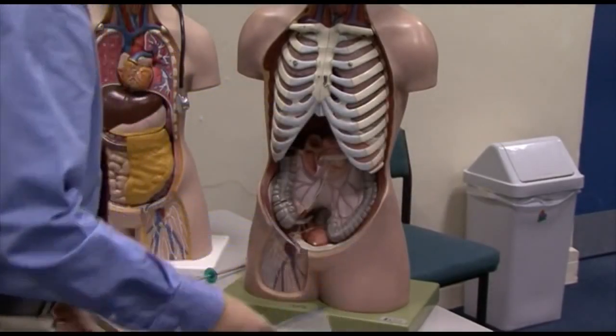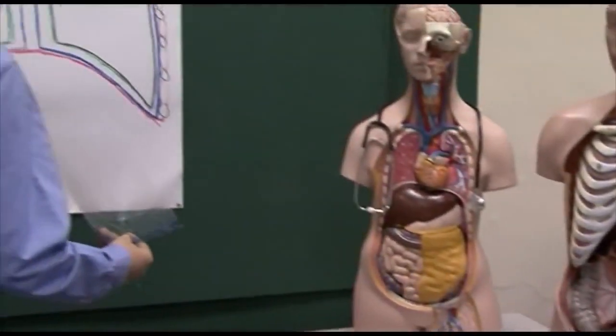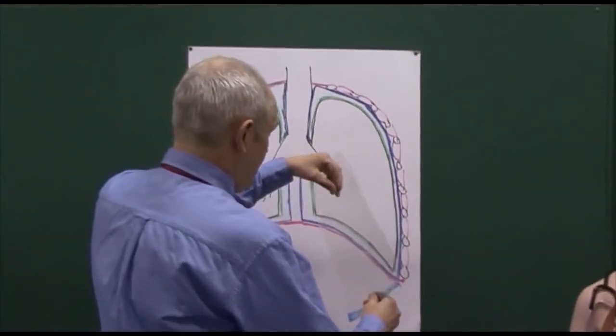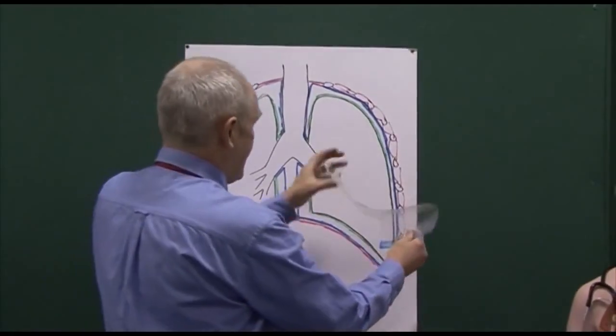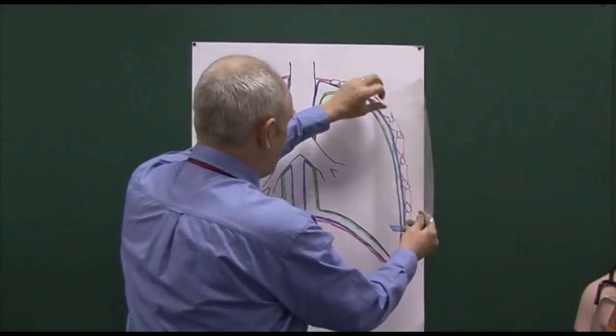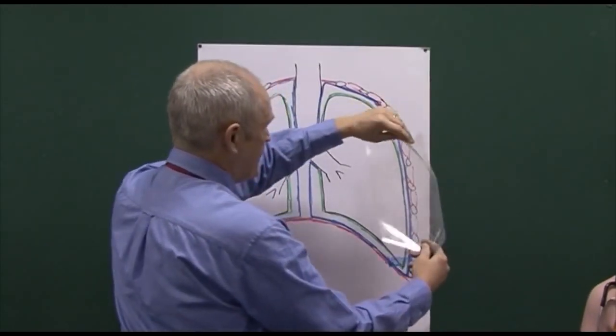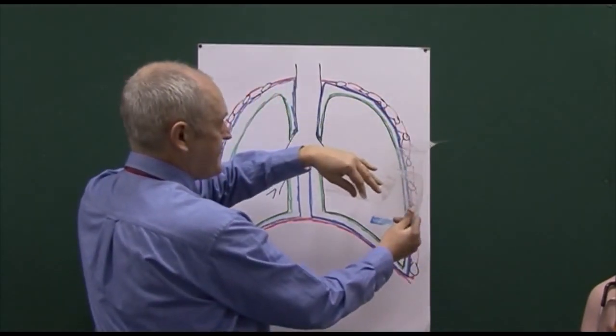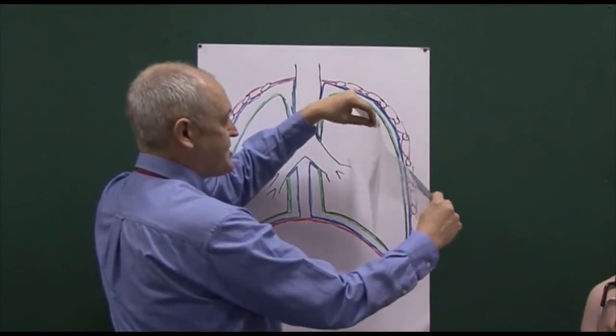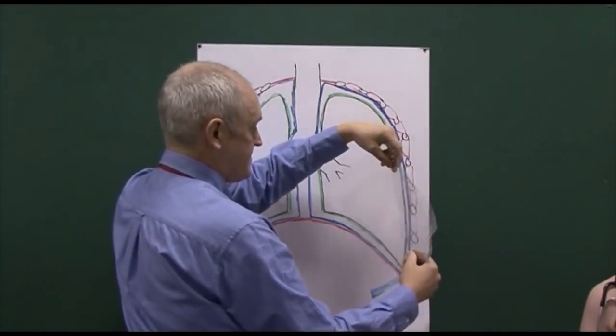So let's just look at this on this diagram. Here we have the parietal pleural membrane in my hand. And remember, this is attached to the chest wall. Here we have the visceral pleural membrane, which is attached to the lung surface.